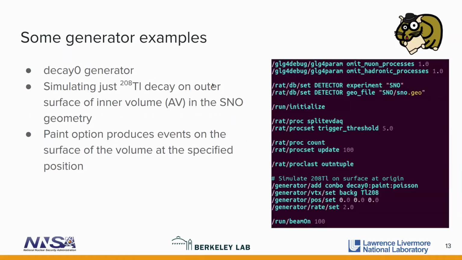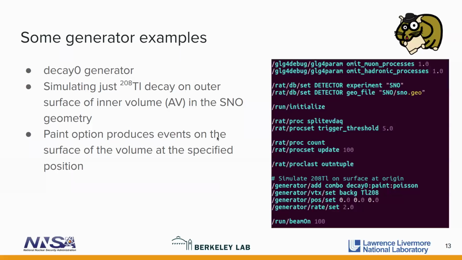Yeah, so the next example here using decay zero. In this case, I use the snow geometry to simulate some decay, in this case thallium 208. And so using decay zero, you only simulate the thallium 208 and you set the background using this command here. And then I use this paint option.